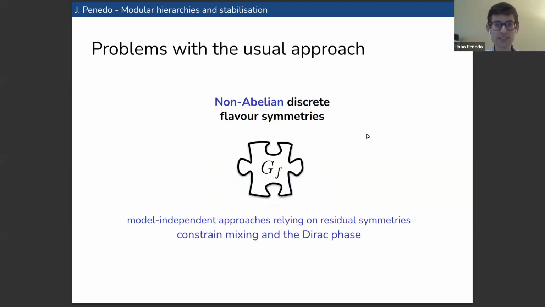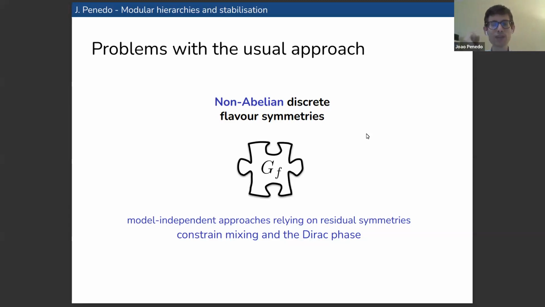So indeed, this is the usual approach of non-abelian discrete flavor symmetries, where you can either build your own models based on some flavor group, or you can try some model-independent approaches relying on saying which kind of residual symmetries may still exist, or some more general analysis.